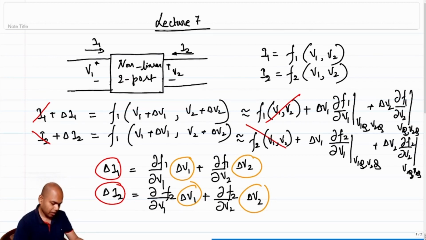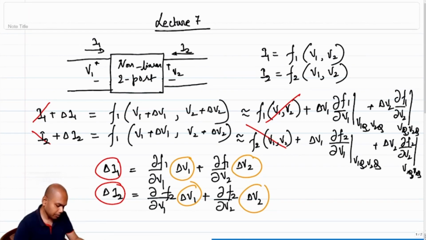Then we continued with another piece of jargon: these del f del V terms are nothing but incremental y parameters. Why y parameters, or admittance parameters?